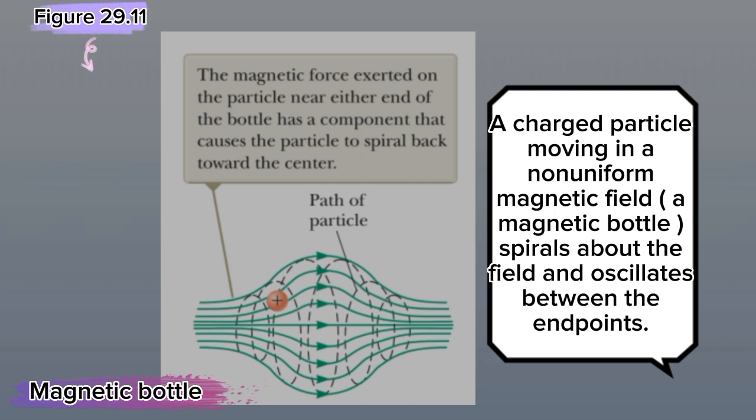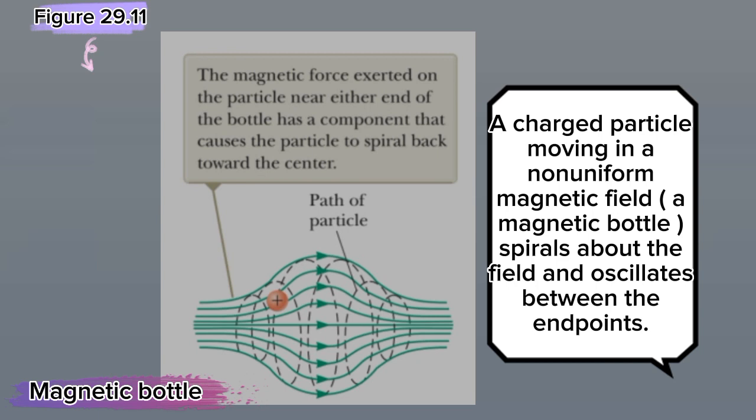The magnetic bottle has been used to confine a plasma, a gas consisting of ions and electrons. Such a plasma confinement scheme could fulfill a crucial role in the control of nuclear fusion, a process that could supply us in the future with an almost endless source of energy.